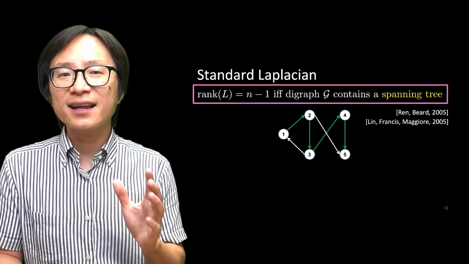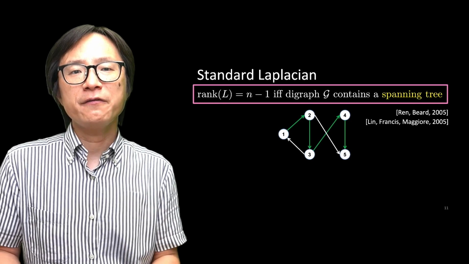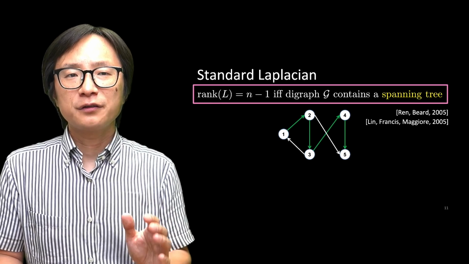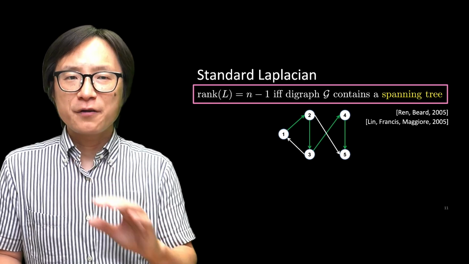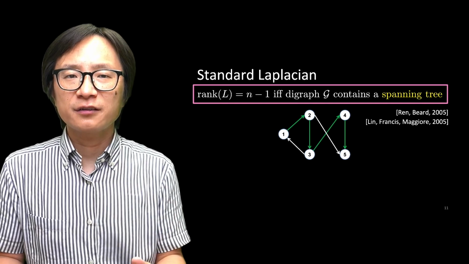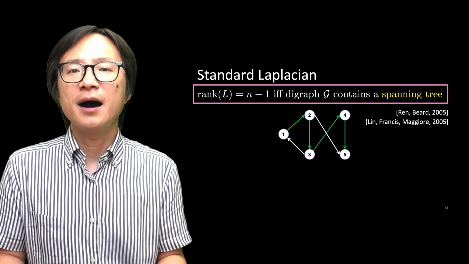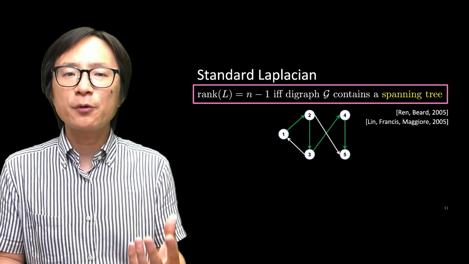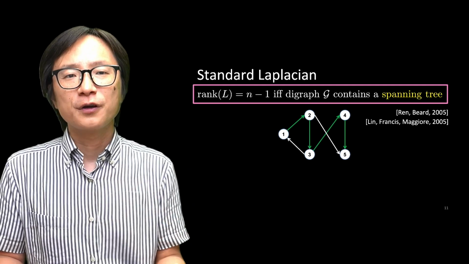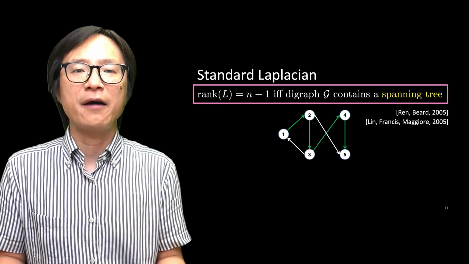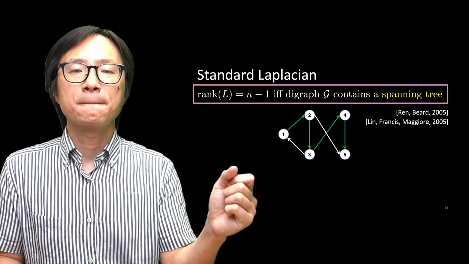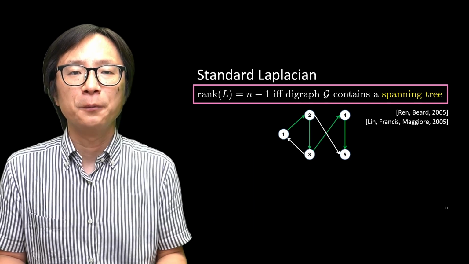For standard Laplacian, its rank is exactly n-1 if and only if the graph G contains a spanning tree. So this is a very beautiful, very neat graphical characterization of the rank condition of the standard Laplacian. And the spanning tree is a subgraph without cycles that connects all the nodes in the graph, as indicated in the green color in this 5-node example.